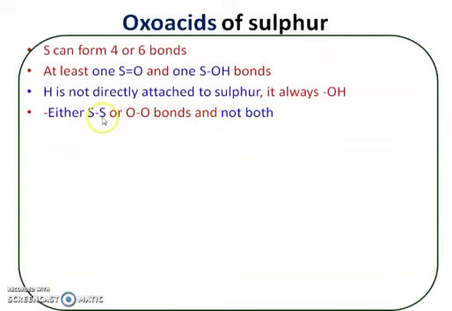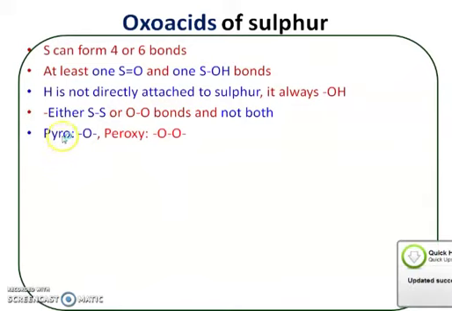So either an S-S bond or an O-O bond exists in the oxyacid of sulfur. This is also an important point. Now, pyro means, in pyrosulfuric acid, there is a single bond through oxygen. And in a peroxy acid, there is an oxygen-oxygen single bond. This type of bonding must be there.